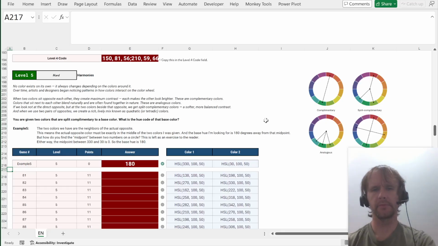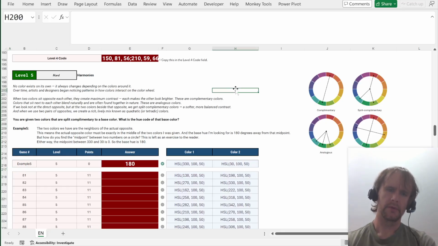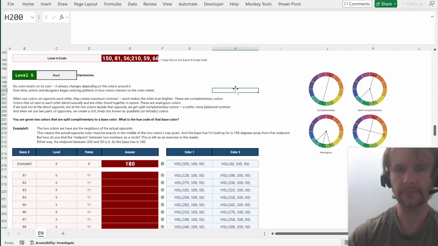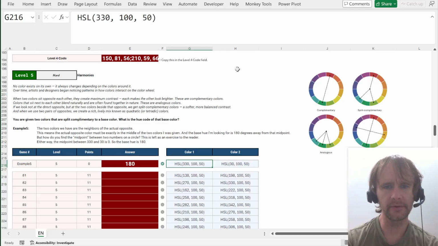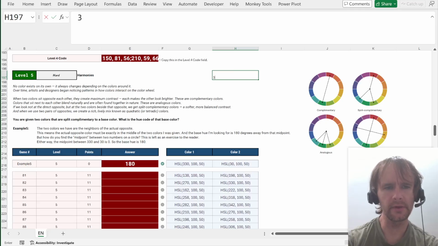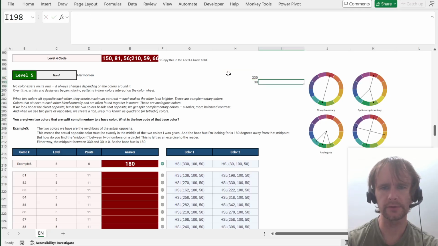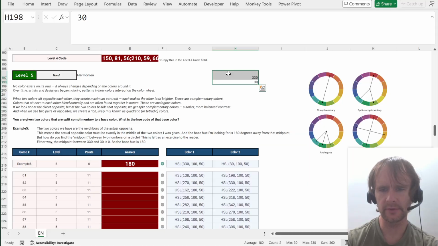Okay, how do you find the midpoint? Oy, it's complicated. So, yeah, the key part of this is how do you find the midpoint? The midpoint between 330 and 30 is surely also 150 as the average, sorry, 180, yes, as the average of those two.